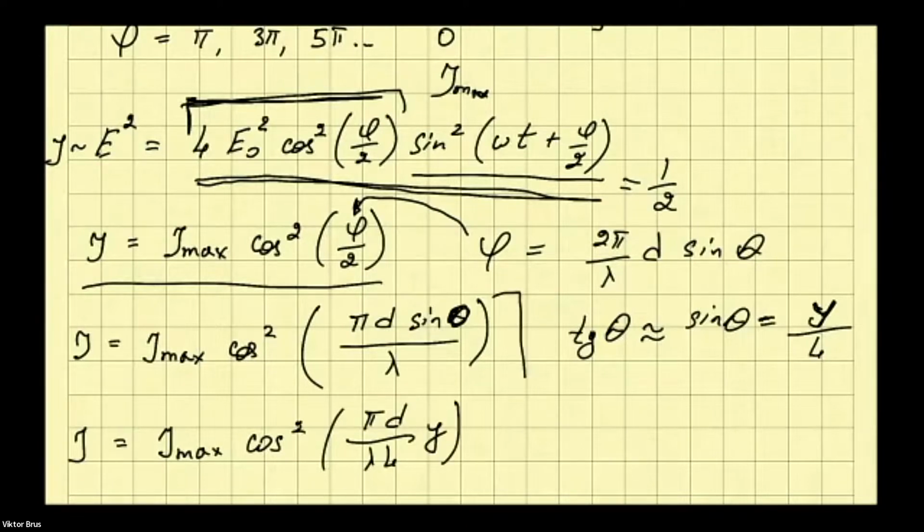So we have two equations which give us the angular and linear distribution. In both cases, we see that we have this cosine squared function, which is a periodic function with a minimum of 0. And when it reaches unity, we get the maximum light intensity. So here we can see this.